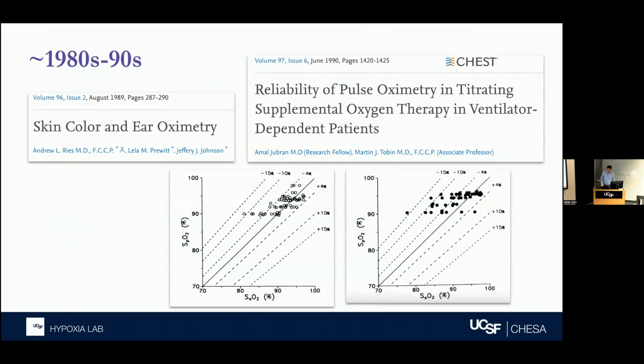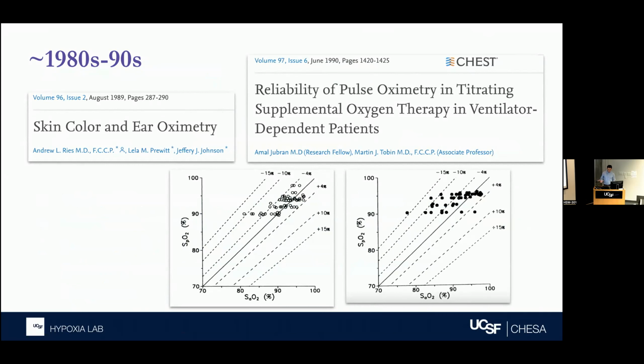So the issues surrounding performance are not new. We can take a quick look at the timeline of them. So in the late 80s and early 90s, several papers were published showing the biased skin pigmentation introduced into pulse oximetry. So these graphs are from a paper in Chest, published in 1990. And the graph on the left shows the spread of results for SpO2 versus SaO2 in white patients, and that on the right shows the spread of results in black patients.